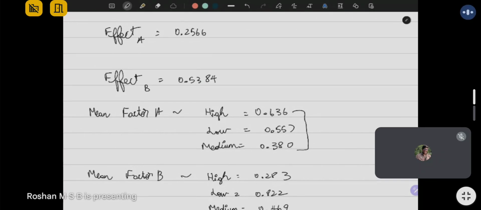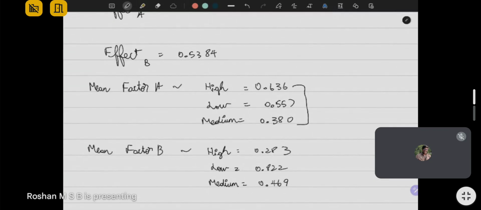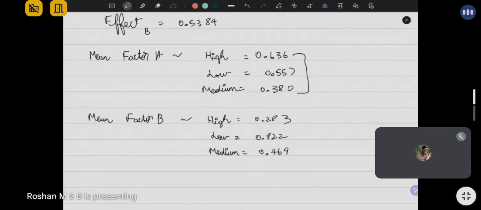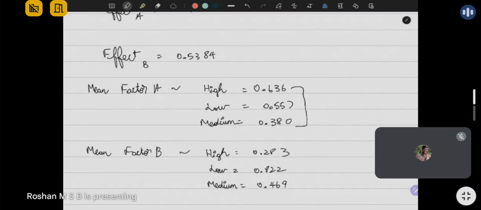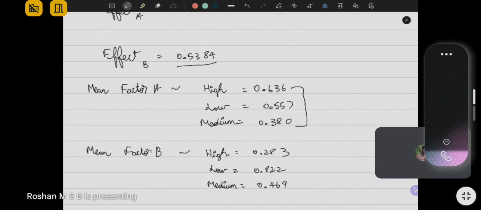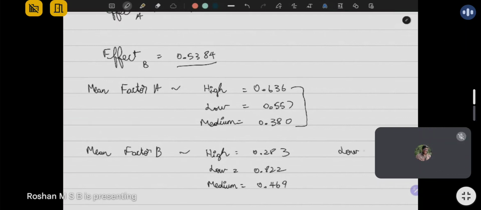Is this clear till now? Yes. High minus low. Highest value minus lowest value. But you have to do the interpretation properly, okay? Since you are subtracting low minus high and you're getting a positive effect, what should be the interpretation here?